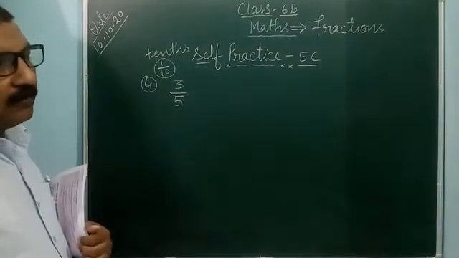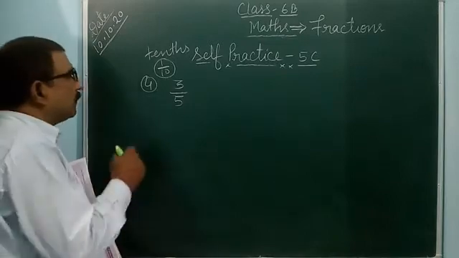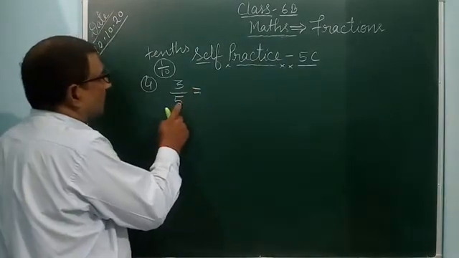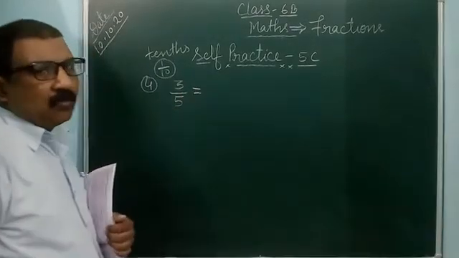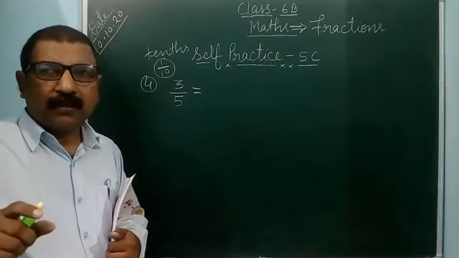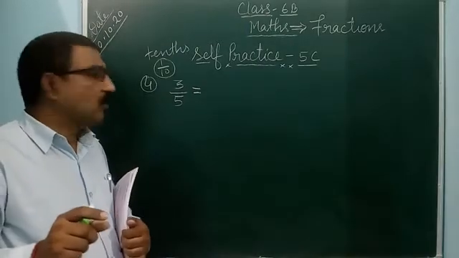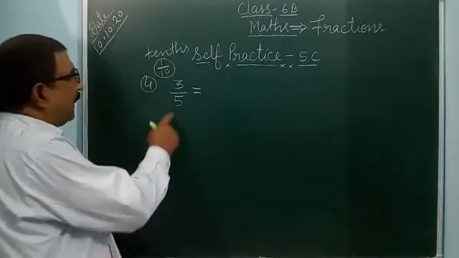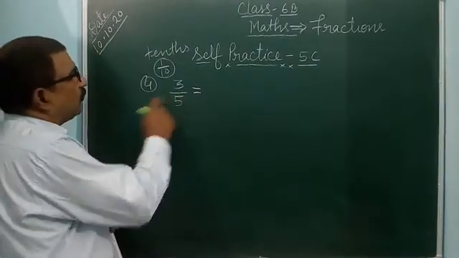So on which number can you multiply to get 10? For multiplying, only the denominator changes, because here 5 must become 10.